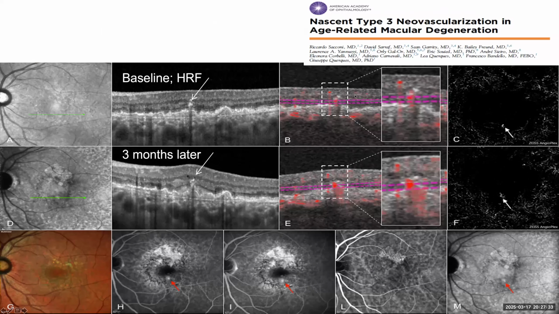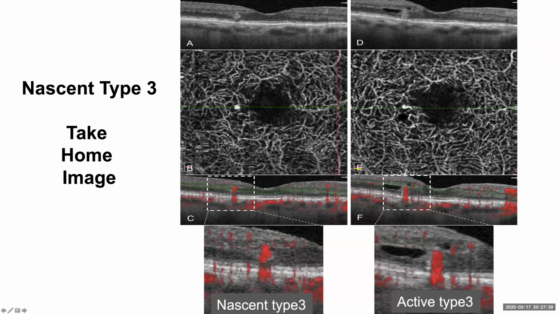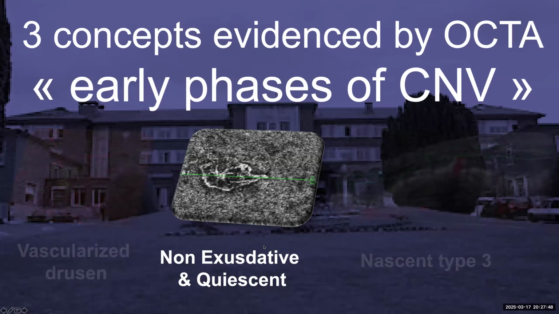So this was the concept of the nascent type 3 we published some years ago. So the take-home message is to perform OCTA, analyze the B scan, and follow up this patient.